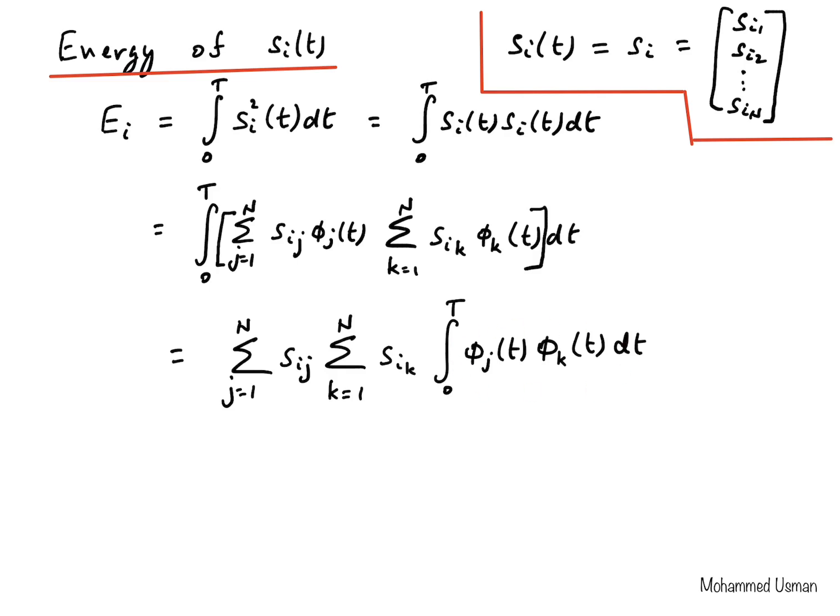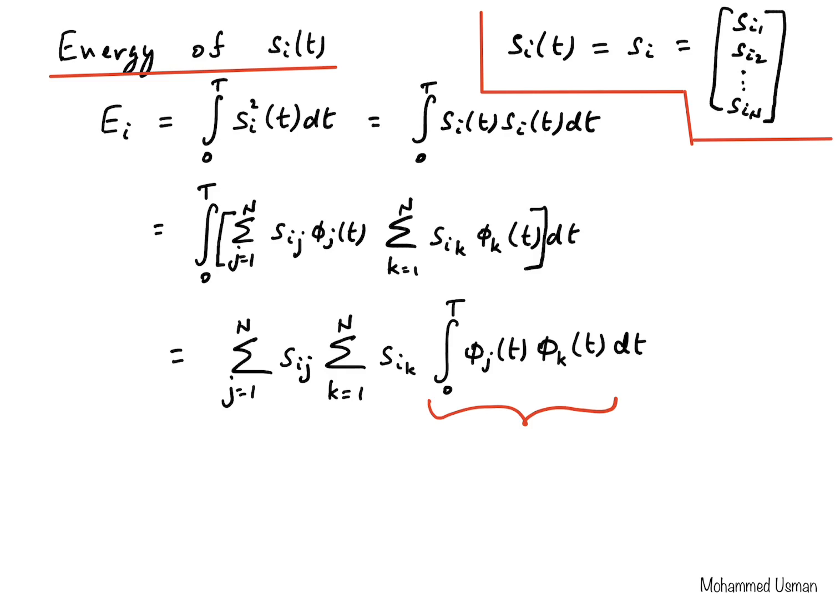So now we have these terms. Now what happens is, because of the property of the basis functions that their dot product is 0 if they are different, right? So phi j into phi k integrated from 0 to t should be 0 if j is not equal to k. And if j equal to k, because they are orthonormal basis functions, it will become phi j square, and that integral should evaluate to 1. So basically this integral is going to be either 0 or 1 depending on whether j and k are same or not.